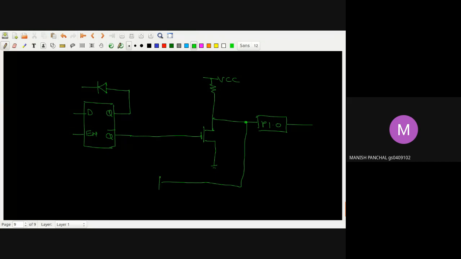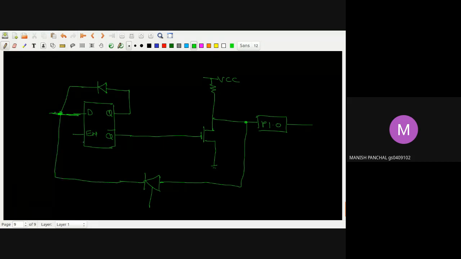Here again the next tri-state buffer is connected. This is my next tri-state buffer. Okay, and it is connected with this line, which is acting like a control bus, internal bus. So these two lines will be short circuited here, and similarly this line will be short circuited. Now who will explain me?